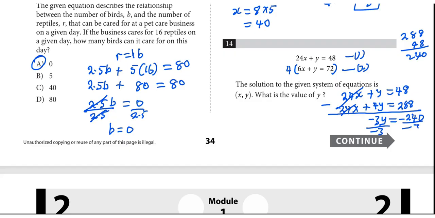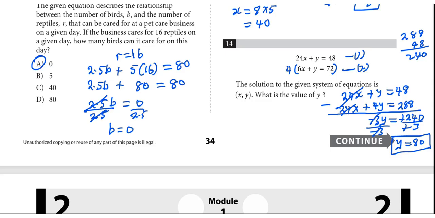Negative 3 will cancel negative 3 from here, and the negatives cancel, and automatically y will be equal to 3 into 24 is 8, and 3 into 0 is 0. So y is equal to 80. This is the answer to this question, and I hope it makes some sense.